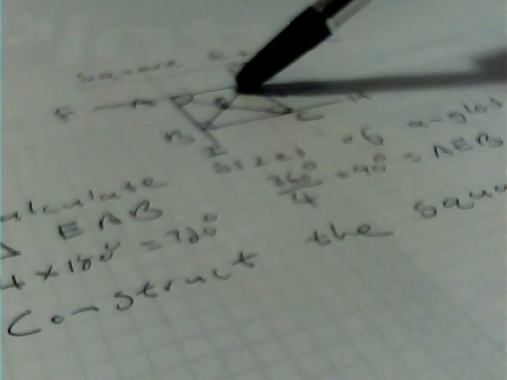Okay, so what is 720 degrees minus 360? Yes, you are correct. That is 360 degrees. So therefore, we have to divide 360 degrees by 1, 2, 3, 4 angles. So 360 divided by 4 is 90 degrees.